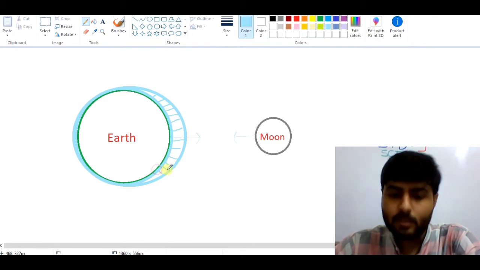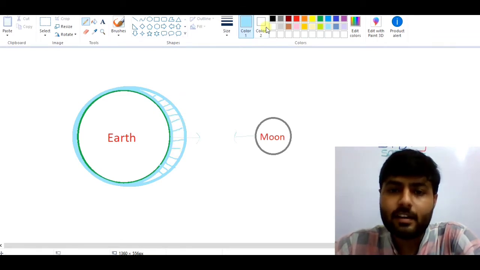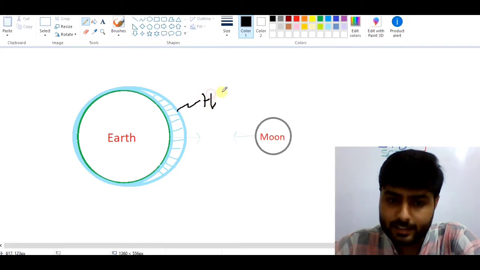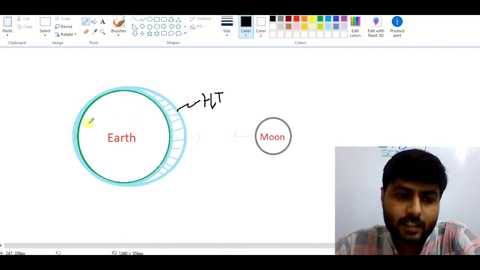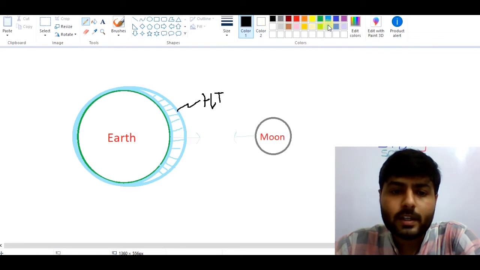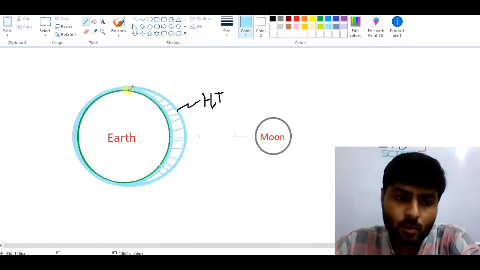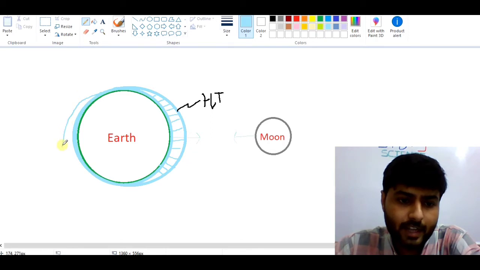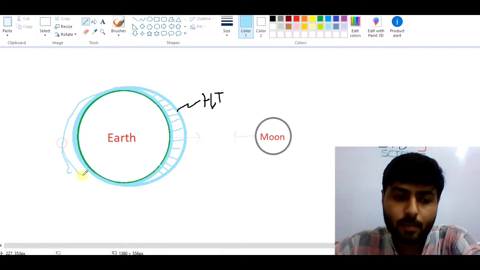At the same time, now you can see here we have high tide. At the same time, this earth also tries to move some distance, so there is also a bulge created at this point.